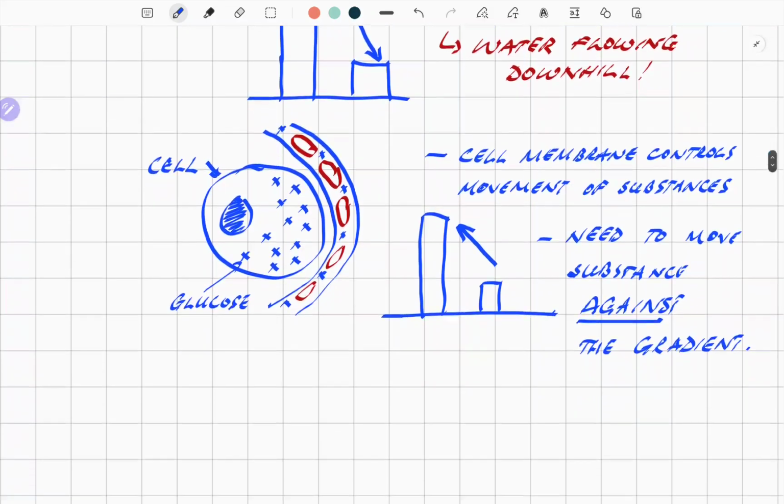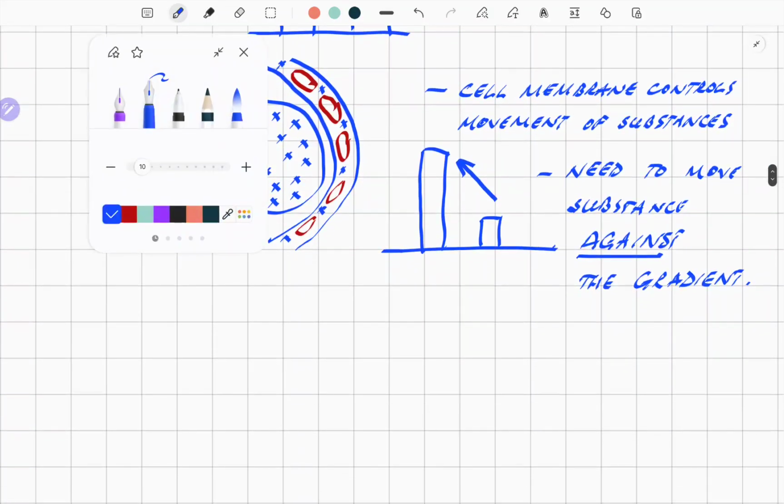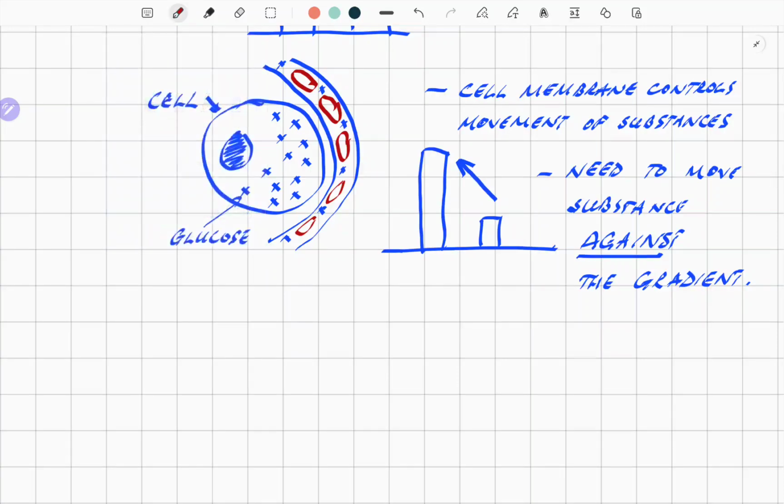So exactly the same way that you would consider moving water up a slope. If you want to move water up a slope or lift it up in height, what do you have to do? It's not going to do it naturally, is it?